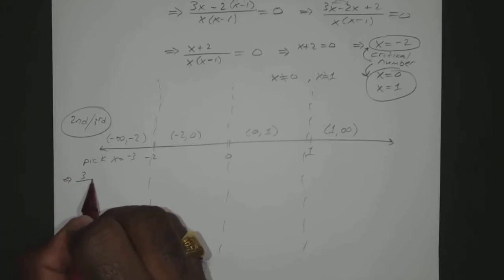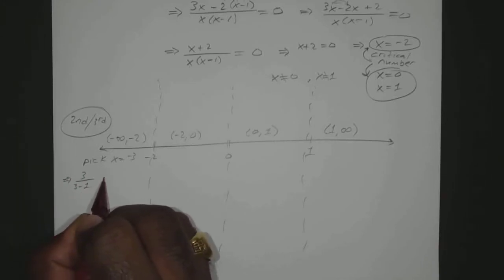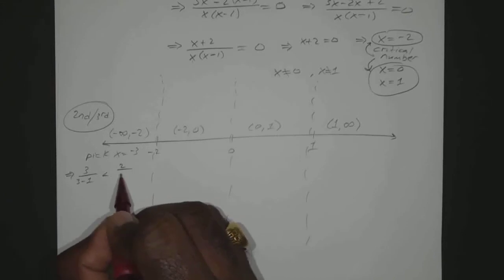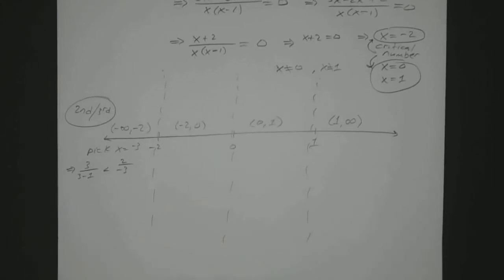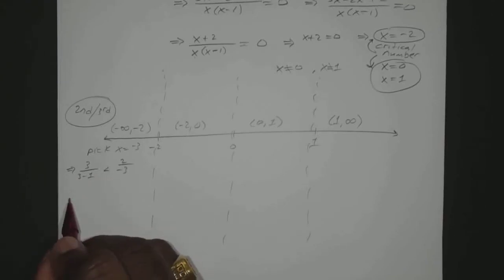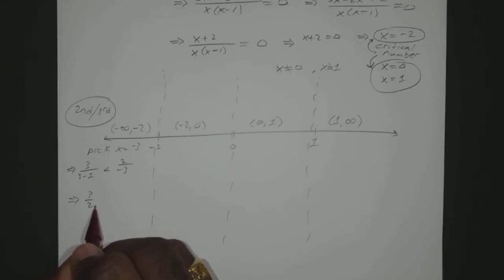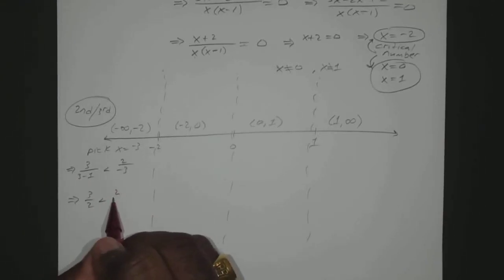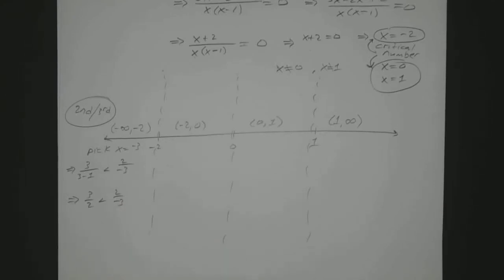So you have 3 over 3 minus 1 is less than 2 over negative 3. Okay, so you have 3 over 2 is less than 2 over negative 3. So you have a positive number being less than a negative number, which is false.